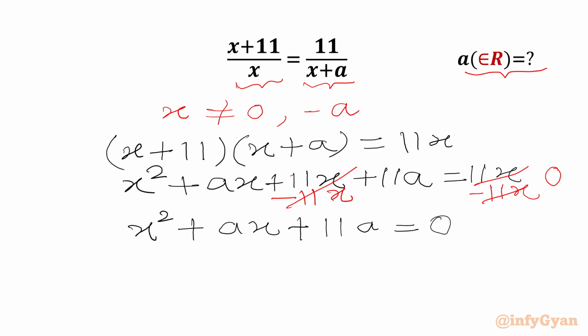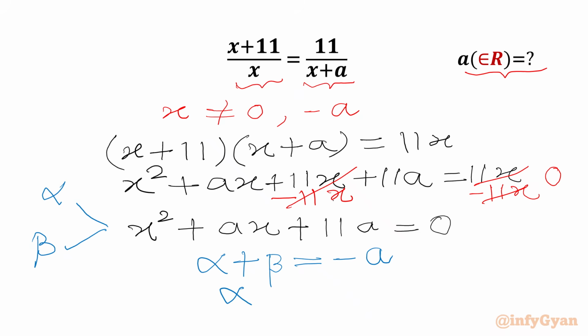Now we will be using Vieta's formula. If this quadratic equation has two roots, alpha and beta, then sum of roots alpha plus beta will be equal to minus a, and product of roots alpha times beta will be equal to 11a.